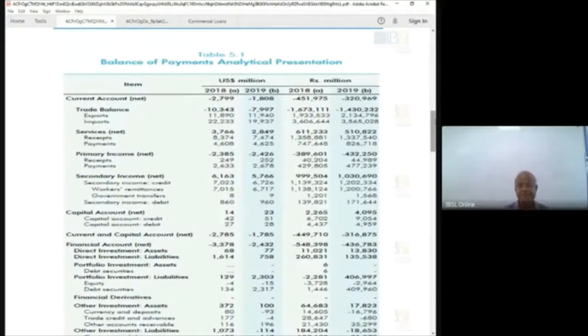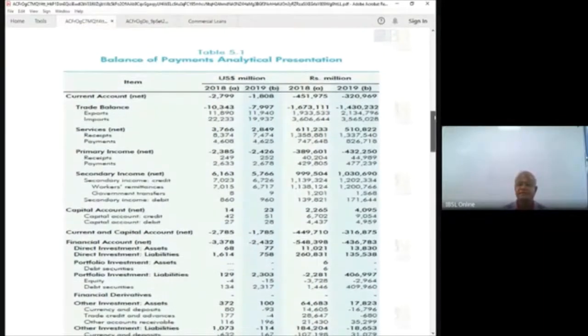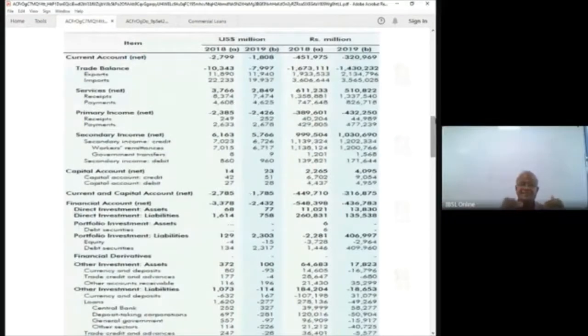Okay, now let's go back to table 5.1. This is the summary analytical presentation in chapter 5, the first data table. Now we can understand each sub account. Overall BOP, we said current account. Current account, again we divide into trade account.